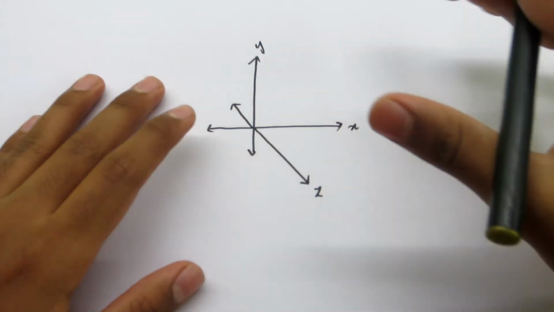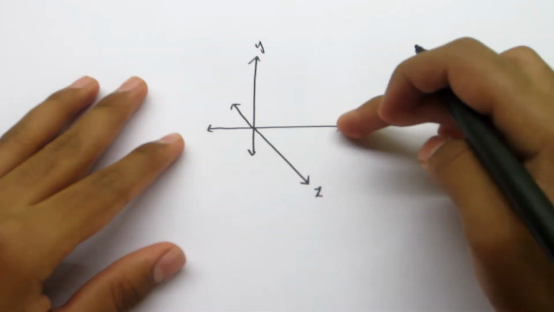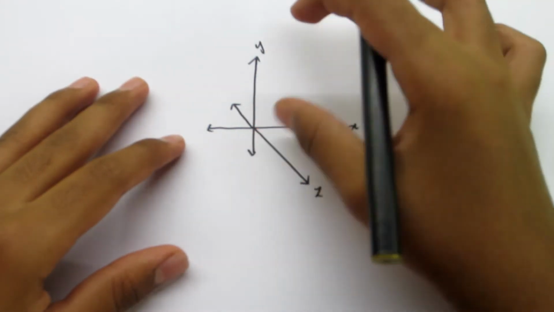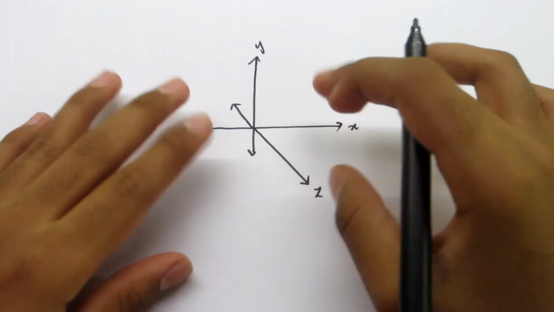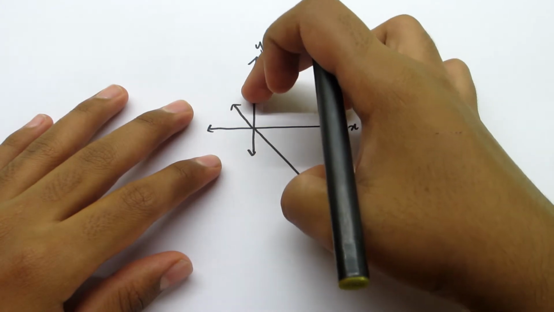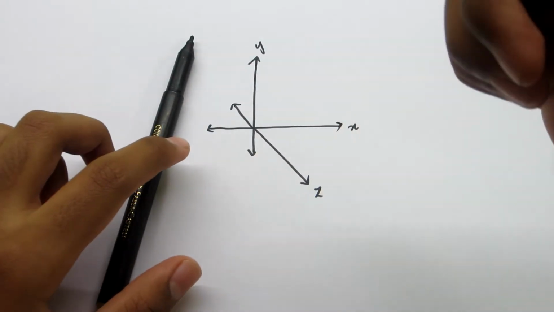So these three lines are called the three axes. This is the X axis, this is the Y axis, and this is the Z axis. You can imagine the line Z as a line that's coming out of the screen towards your face.